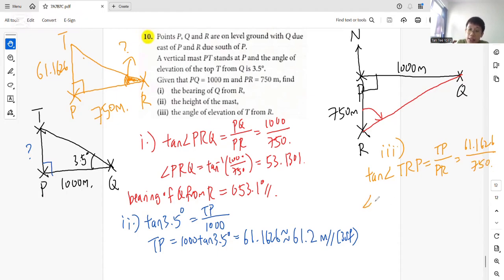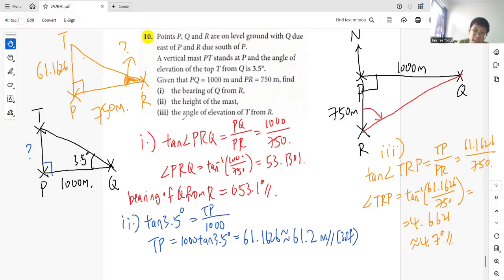So angle TRP equals tangent inverse 61.1626 over 750. Then we calculate and we have 4.6621, round off to 4.7 degrees. Because this is an angle, we leave it as 1 dp.